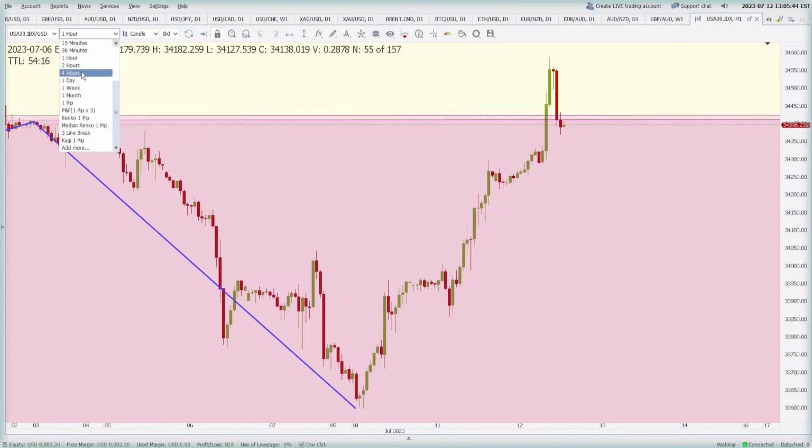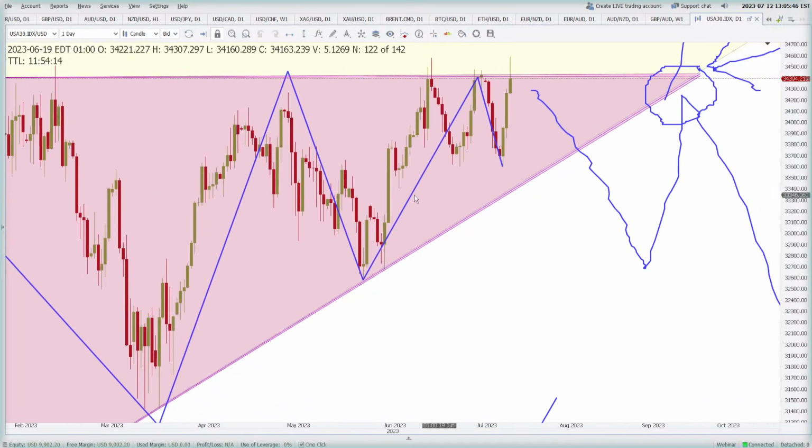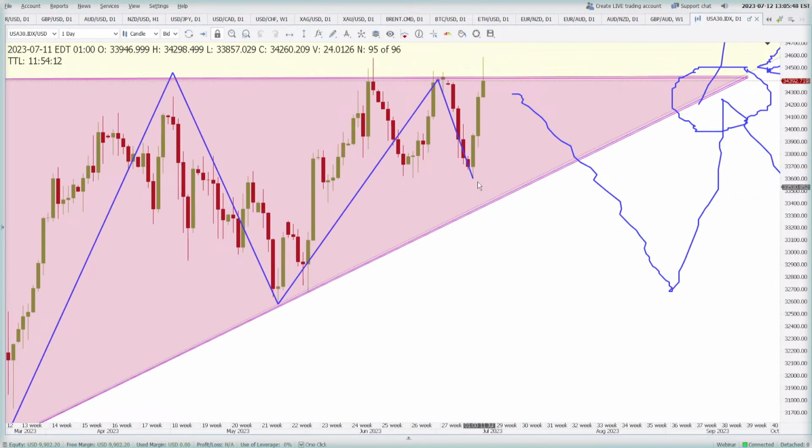On the daily chart, the support is very far, guys, very far. It is around 33,597, and right now the price is trading just below the resistance, so buying at the current market will not be a good idea.